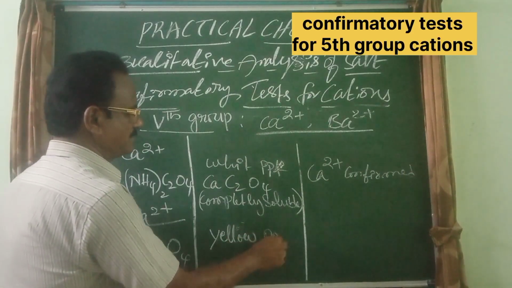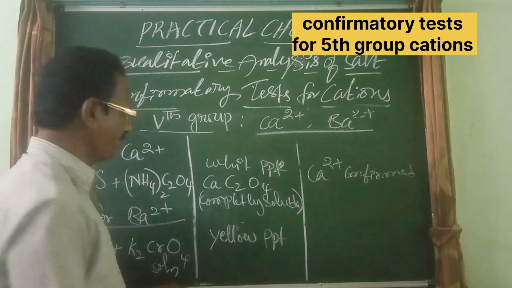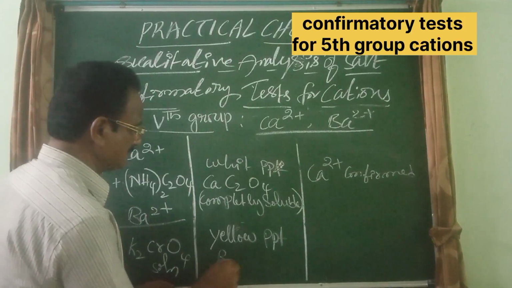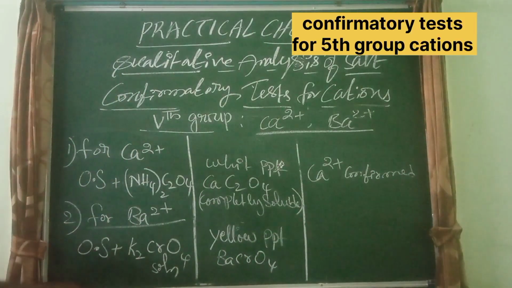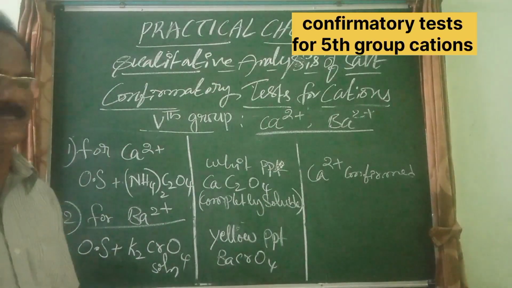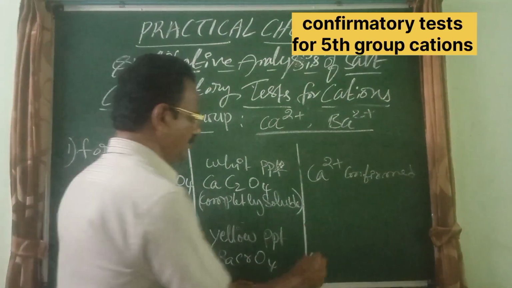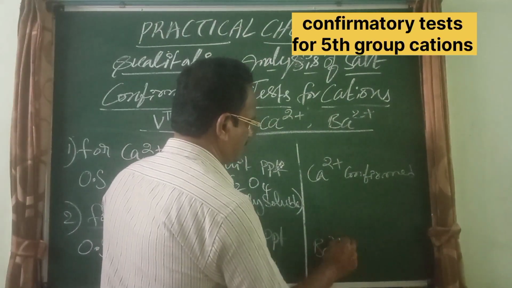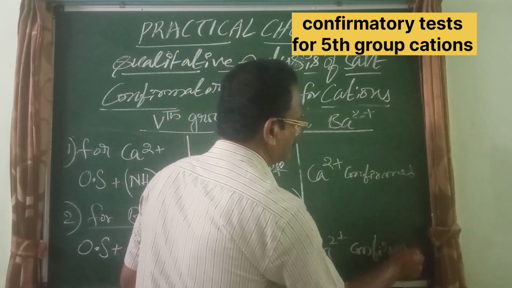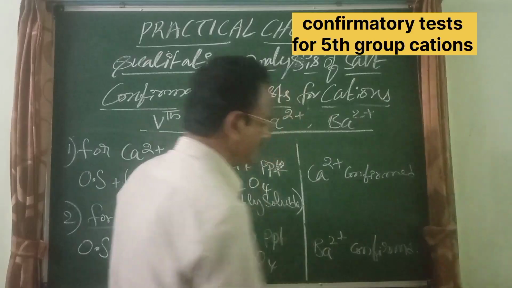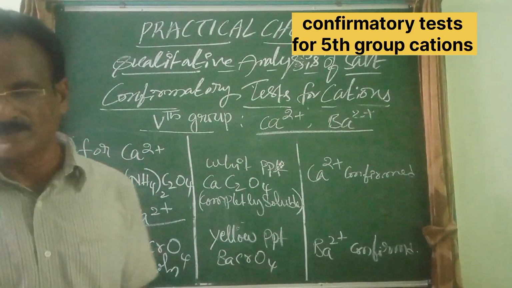The formula of the yellow precipitate is BaCrO4. Here barium replaces potassium. If such a precipitate is formed, then Ba2+ is confirmed.